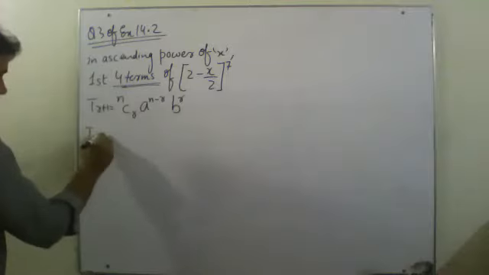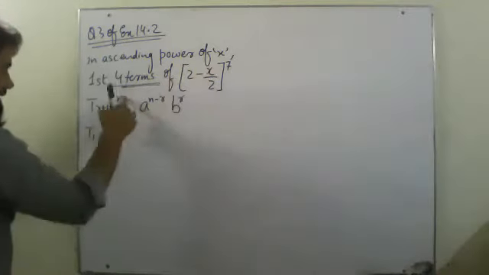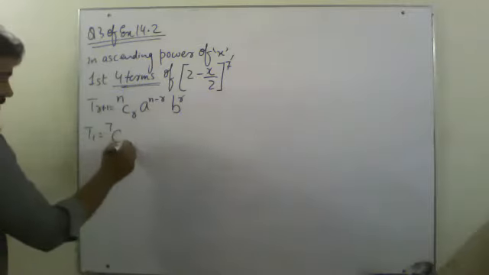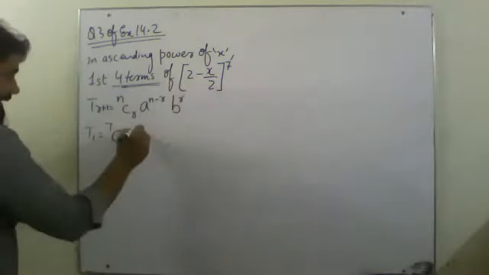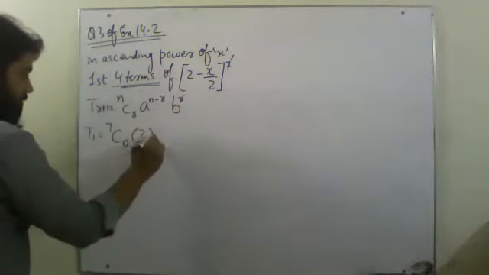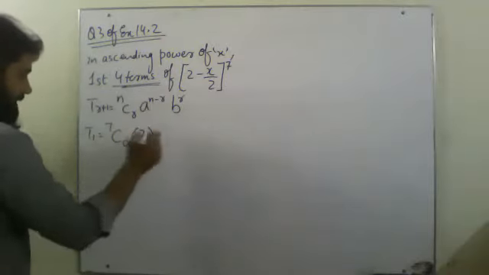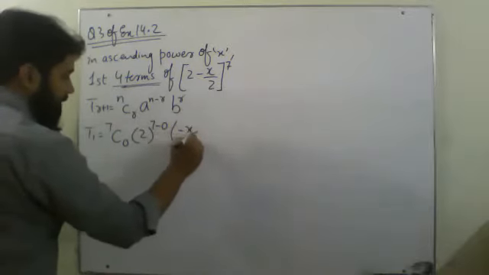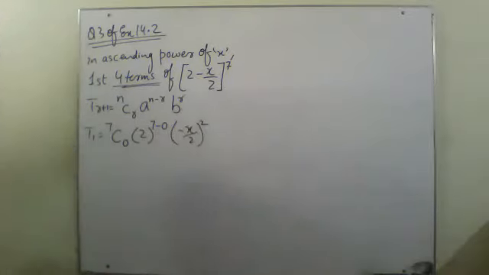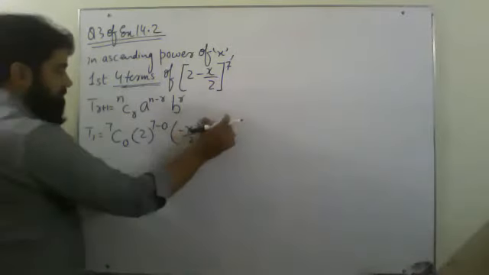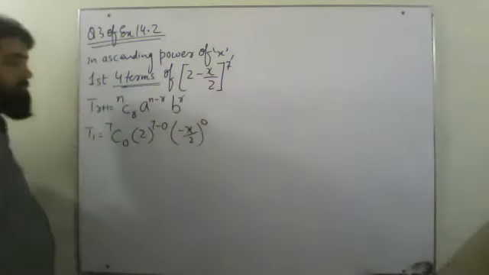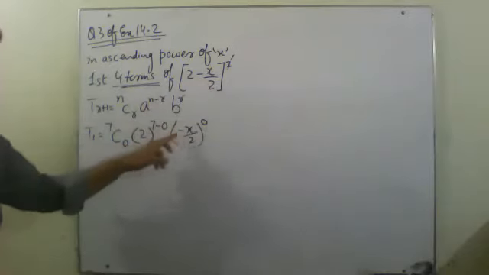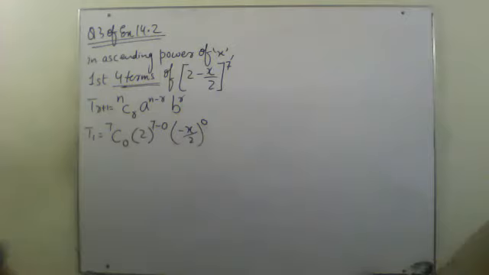So for T1, n will be 7, r will be one number less than the term number, so 0. a is 2, n minus r means 7 minus 0, and b will be minus x over 2 whole power 0.